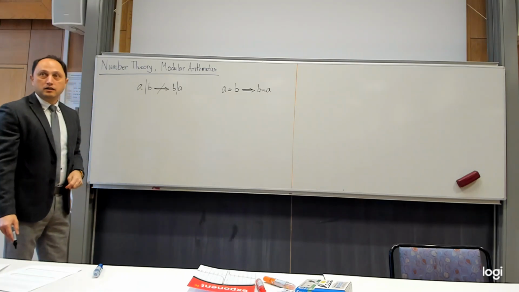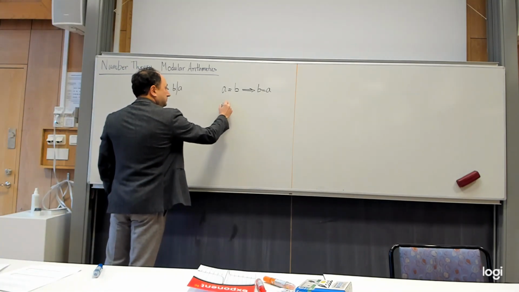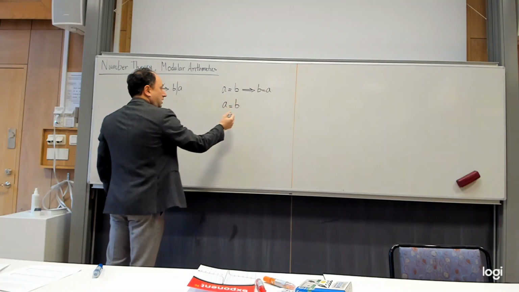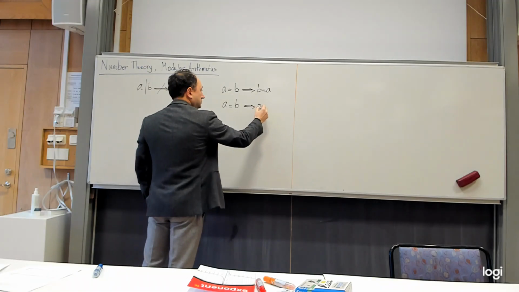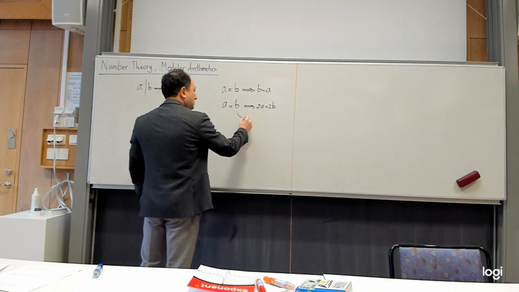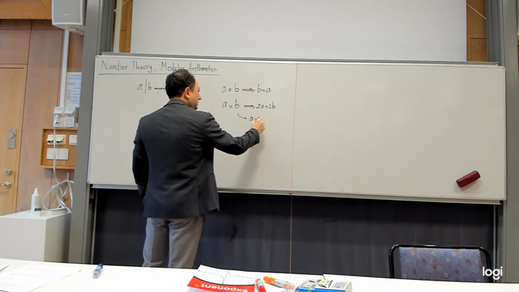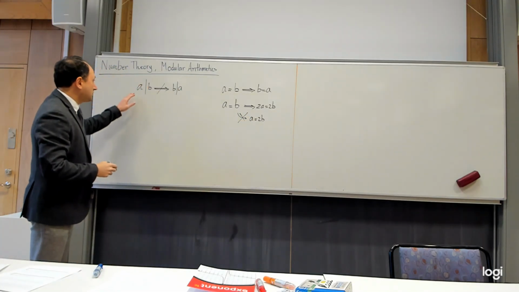For example, if I have equality, I can multiply both sides by 2. If this is true, this is guaranteed to be true. But I cannot just multiply one side by 2. However, for divisibility sometimes we can.